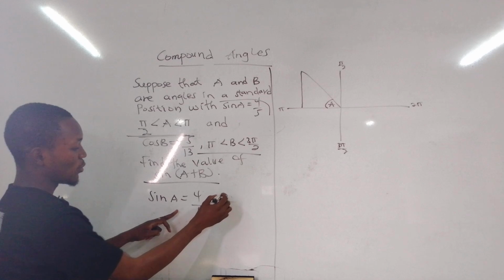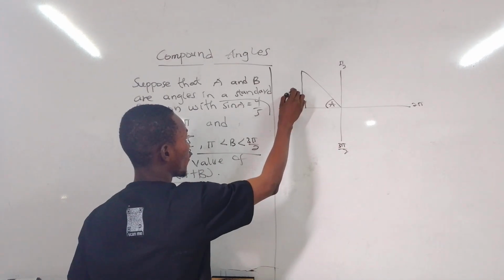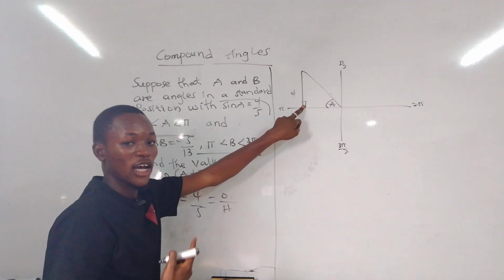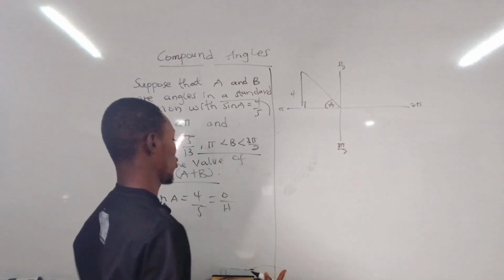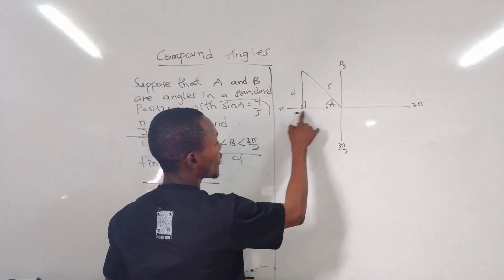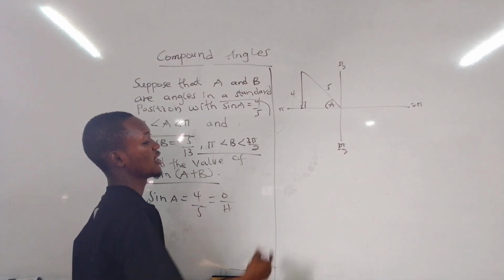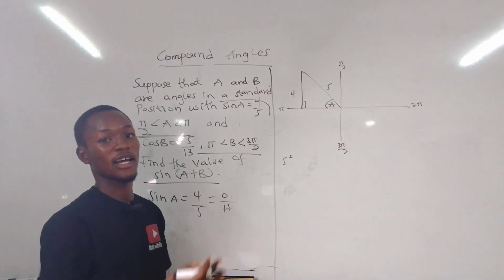Now, sine A is opposite on hypotenuse, so where angle theta faces is the opposite, which is 4. And where angle 90 degrees faces, that's the longest side, the hypotenuse. The longest side of the right angle triangle is the hypotenuse. So we have 5 here. We can find this side, the adjacent, by using the Pythagoras theorem, which says that the square of the hypotenuse is equal to the sum of the squares of the other two sides.